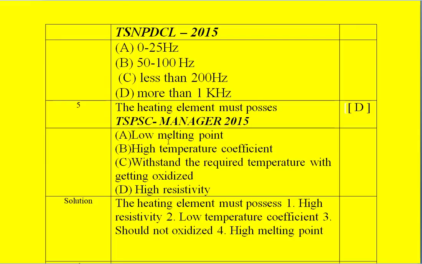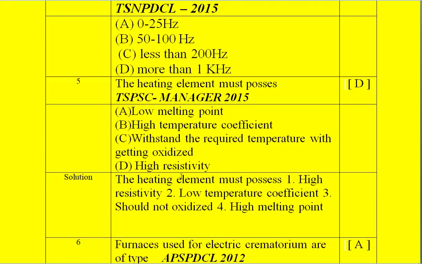A is low melting point, B is high temperature coefficient, C is withstand the required temperature without getting oxidized, D is high resistivity. For a good heating element, it should have high resistivity, low temperature coefficient, and it should not be oxidized when it is heated, and high melting point.